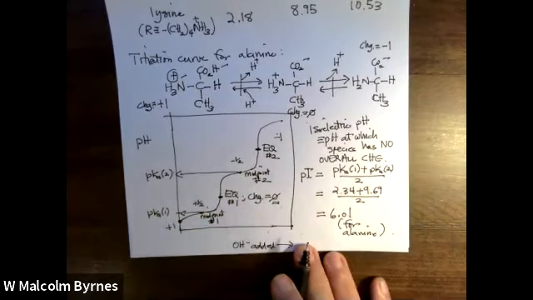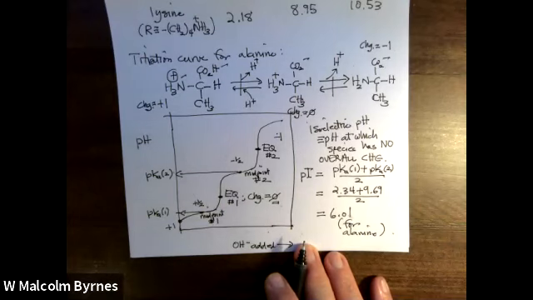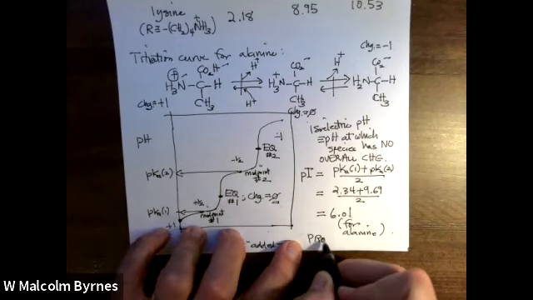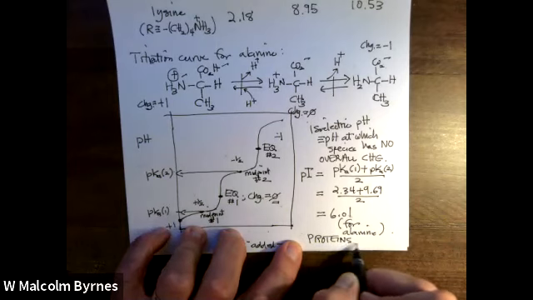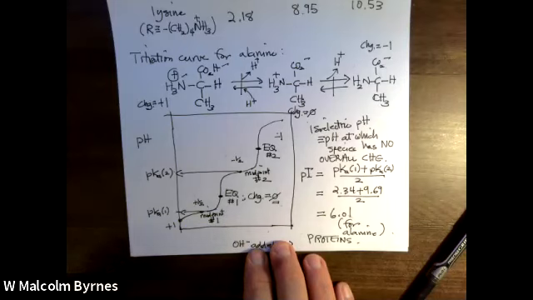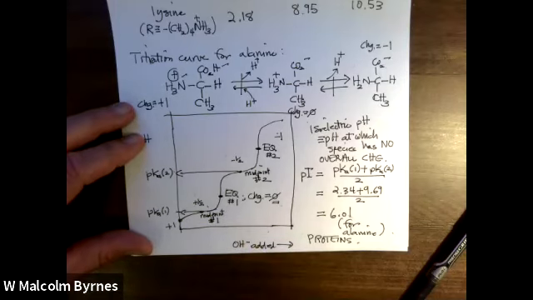Now, one quick thing I want to say is that you can calculate the PI of any amino acid by doing a similar analysis. I'm going to do that for aspartate in just a minute. But also proteins, which are made up of amino acids, have pKa values, but there you can't calculate it because the protein has a very complex folded structure, and some groups are more exposed than others, and so on.